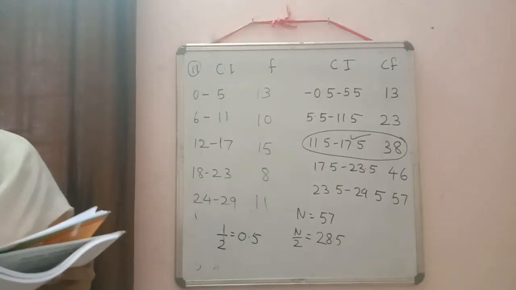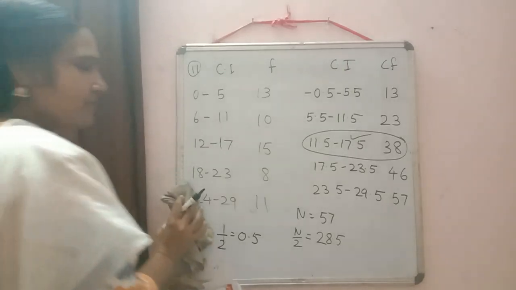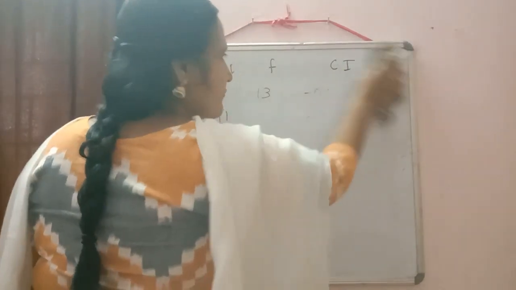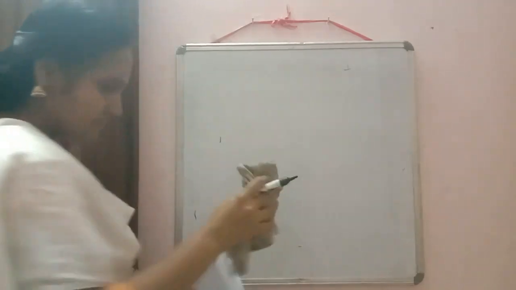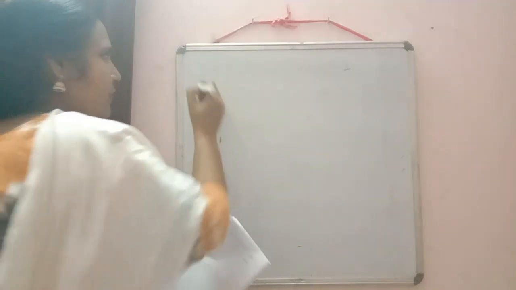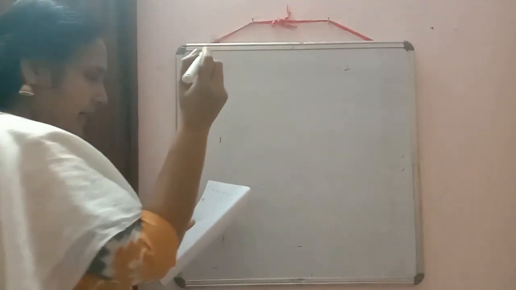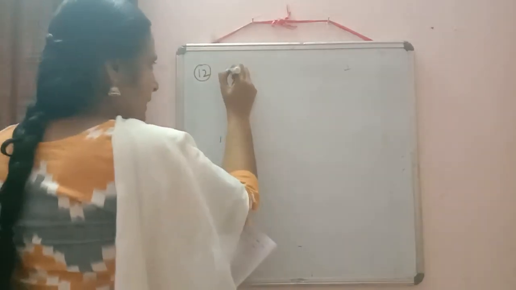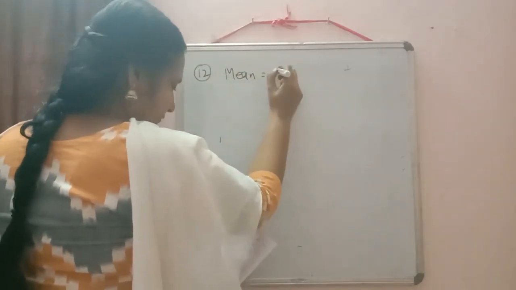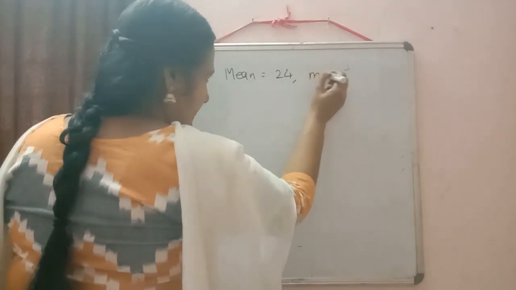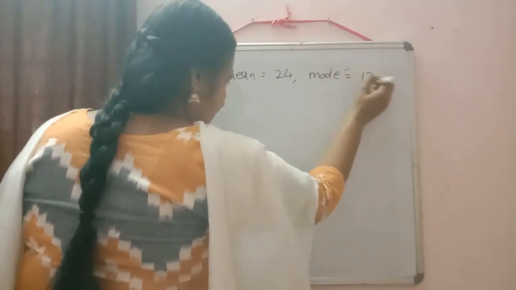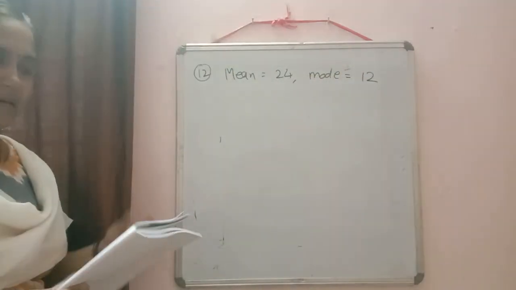Mean and mode of a data are 24 and 12 respectively. Mean is equal to 24 and mode is equal to 12 is given. Question is find the median.